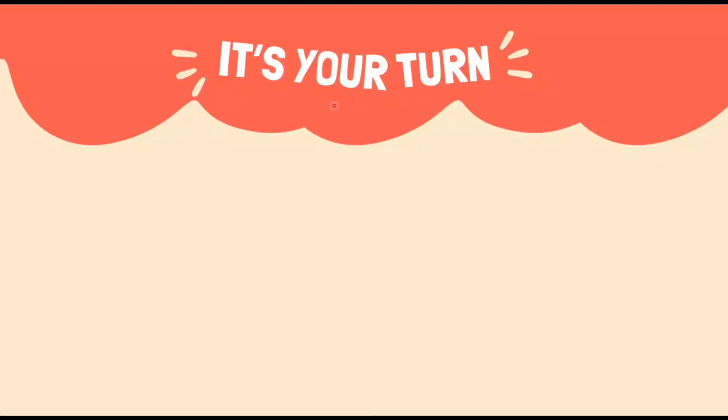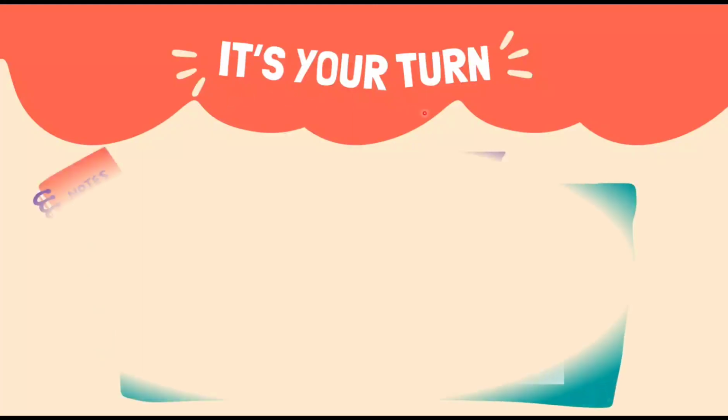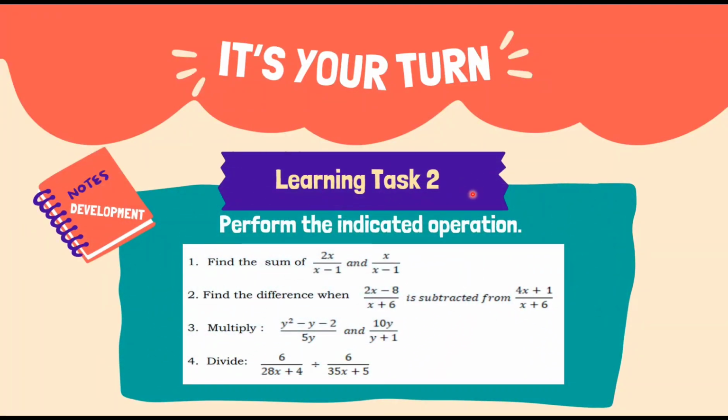Now, it's your turn to accomplish your learning task number 1. Perform the indicated operation. For number 1, find the sum of 2x over x minus 1 and x over x minus 1. Number 2, find the difference when 2x minus 8 over x plus 6 is subtracted from 4x plus 1 over x plus 6.